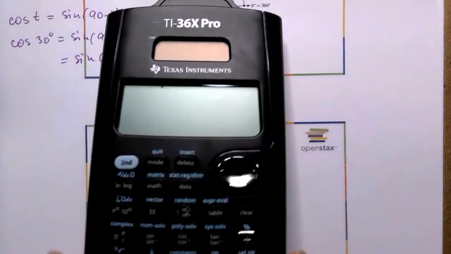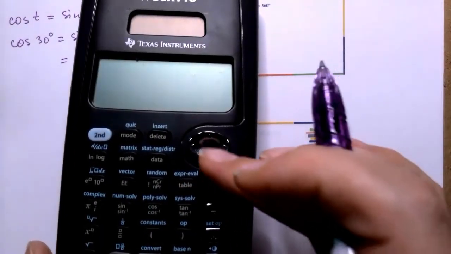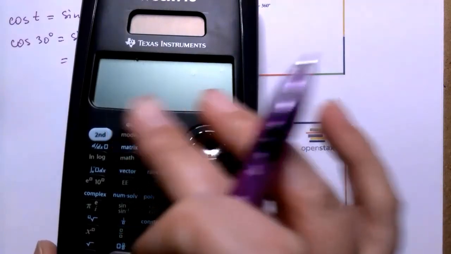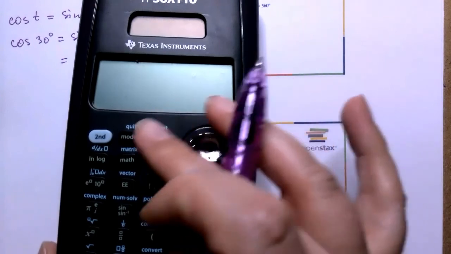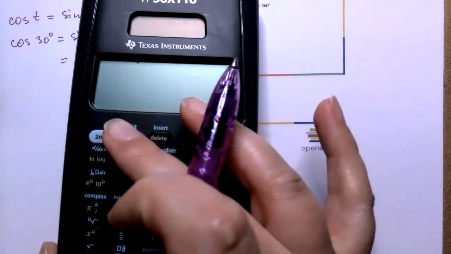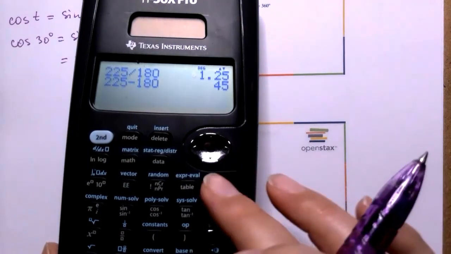The first thing that you need to figure out is to make sure that your calculator is in the correct mode. So if you're using radians, make sure it's in radian mode. If you're using degrees, make sure it's in degree mode.